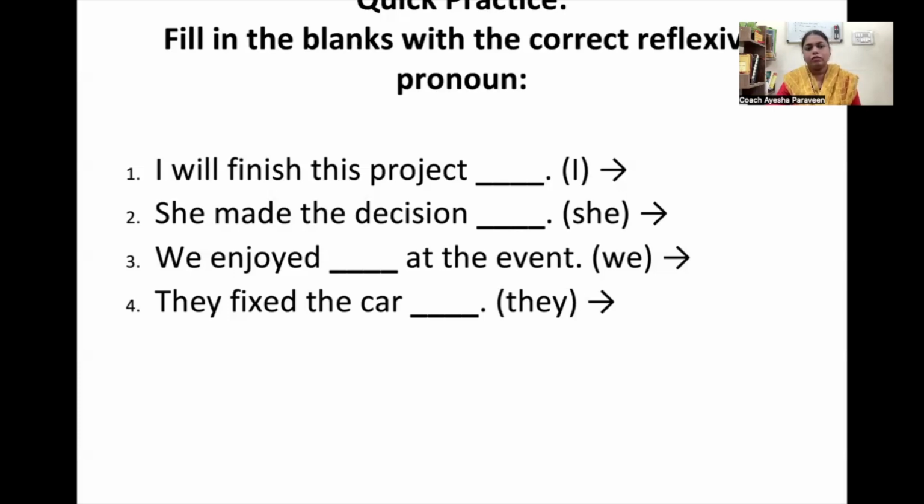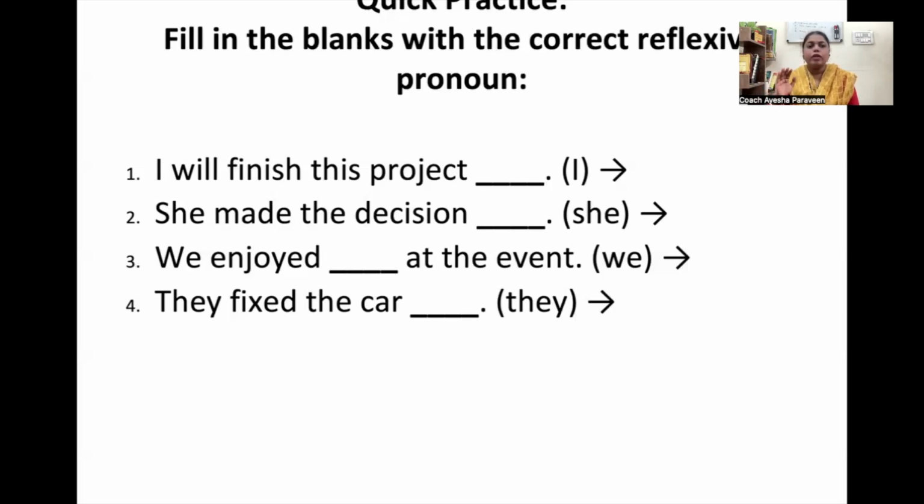One thing I want to explain to you: when the pronoun is singular, for example I, he, she, it, then self will come: myself, himself, herself, itself.